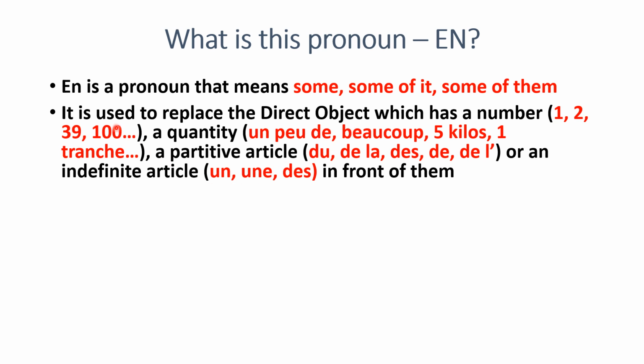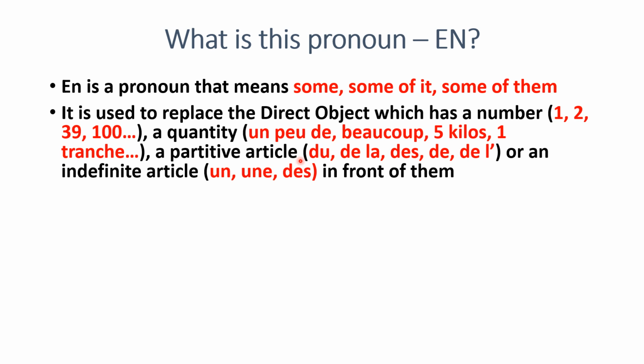So where do you use it? It is used to replace the direct object. But it's not any ordinary direct object. This direct object should have a number like 1, 2, 3, 4,000, 1 lakh. Or it should have a quantity like ample, a little, a lot, 5 kilos, 1 slice, 1 bottle, expressions of quantity.